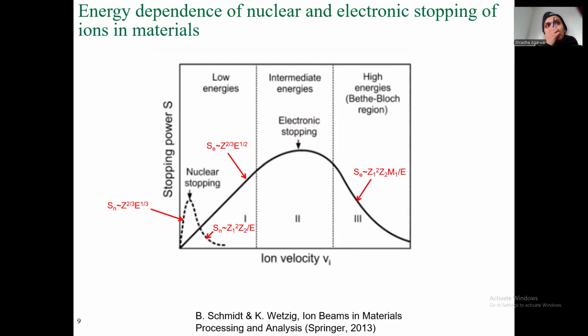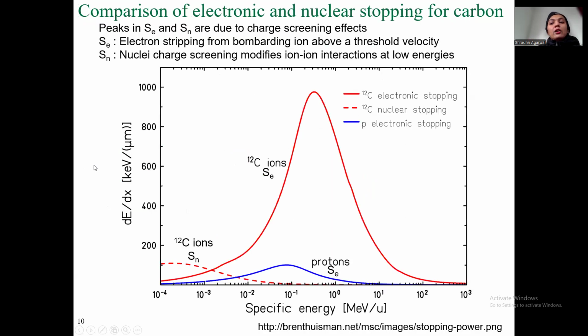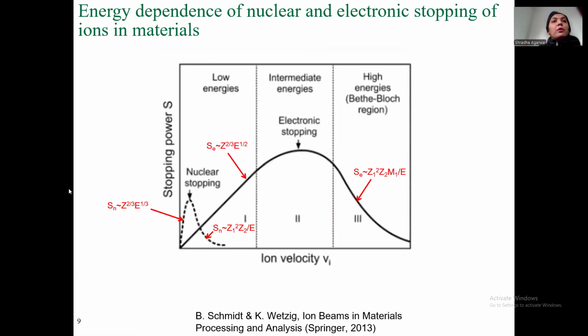So what it is trying to tell you is the same thing. When we talk about the stopping power, especially electronic stopping power, and you see here on the screen, this is important: your electronic stopping power becomes active at a higher energy.